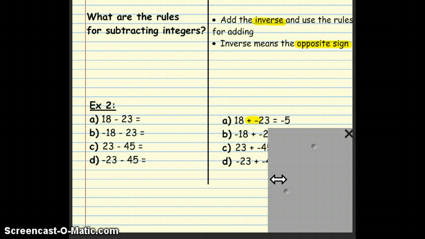If we rewrite the problems, they should look like this. Problem B is adding negative 23. Problem C is adding negative 45. Problem D is adding negative 45 as well. And following the rules for addition, letter B, they are the same sign, negative and negative, so we add them together.